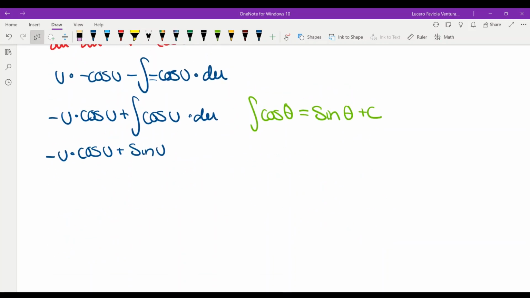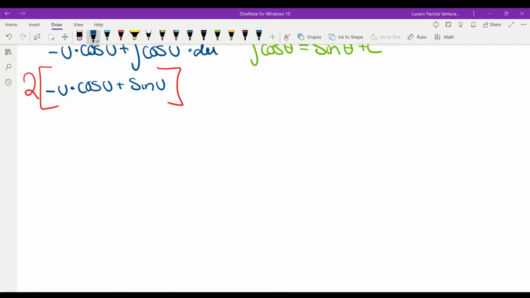So then it'll be 2 times everything here. And if we distribute the 2, it'll look like this. Negative 2u times cosine u plus 2 sine u plus c. Because we didn't integrate with any bounds.